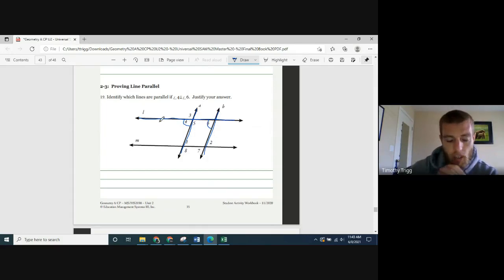So which of these lines would be parallel to each other? Well, hopefully you could see that A and B would be the parallel lines in this case. So that means A is parallel to B, comma, because.